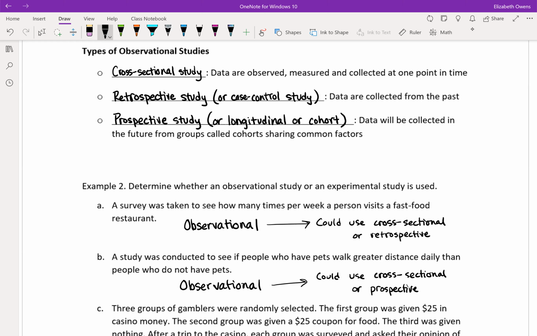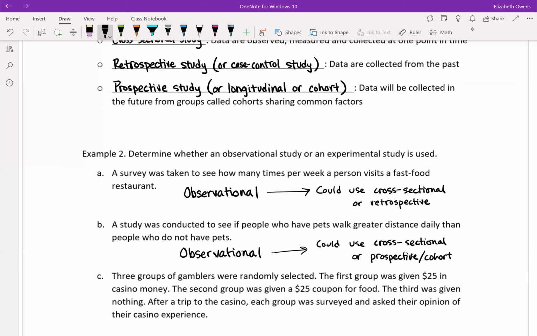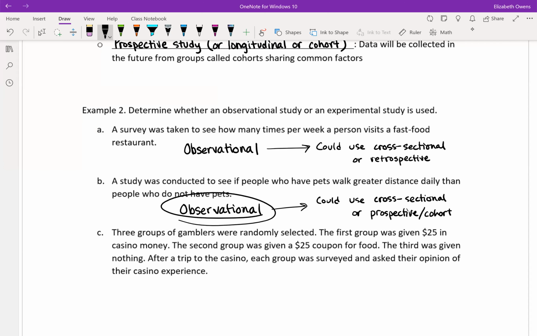So I'm going to say prospective slash cohort study. You could even see if people who don't have pets happen to acquire a pet in the future, although that might be getting a little complicated. This is an observational study, though. No treatments are being applied.